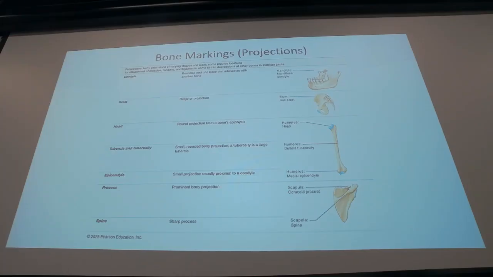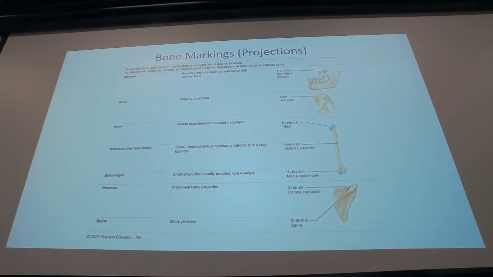Now for processes, it's a prominent bony projection, and in the case of the scapula, which is like the wing blade bone, we have this process that is called the coracoid process, the coracoid.